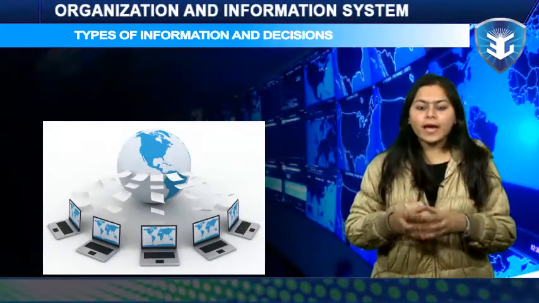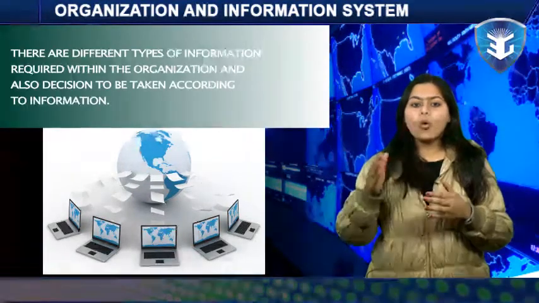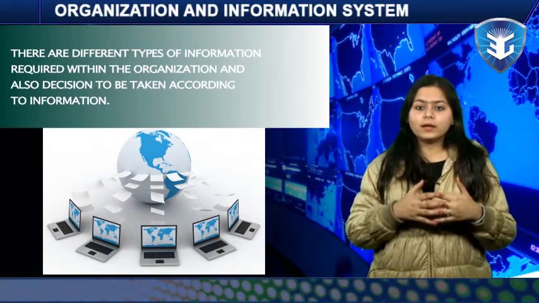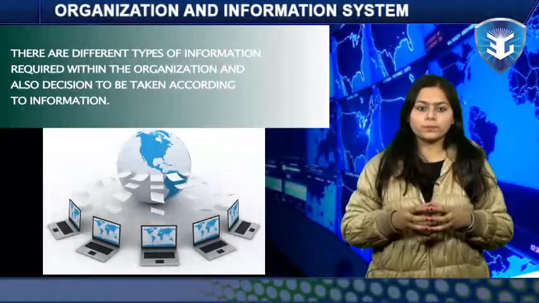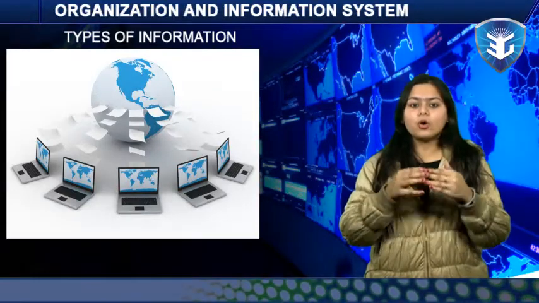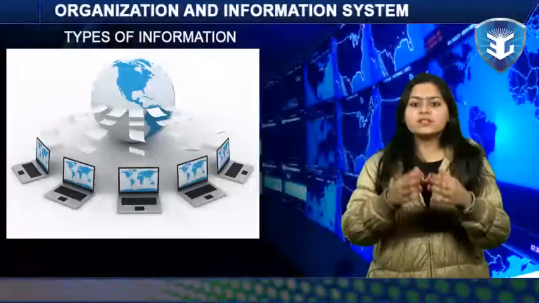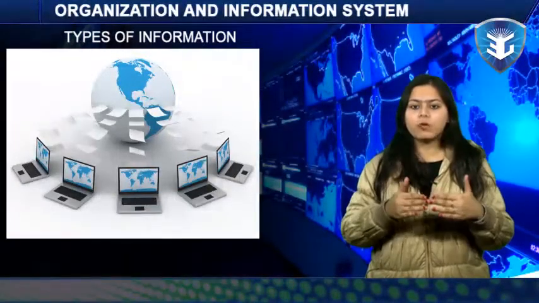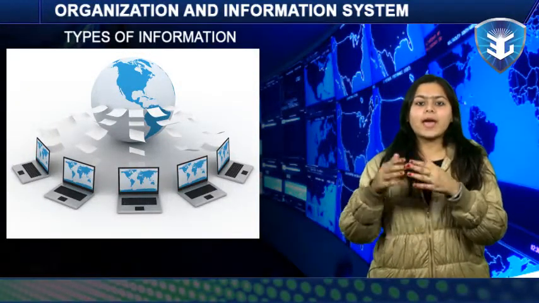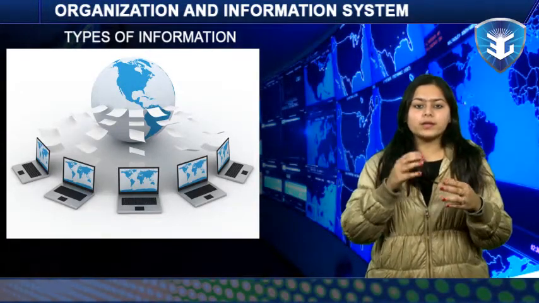Types of information and decisions. There are different types of information required within the organization, and also decisions can be taken according to information. Types of information. An information system is a collection of hardware, software, data, people and procedures that are designed to generate information that supports the day-to-day, short-range and long-range activities of users in an organization.